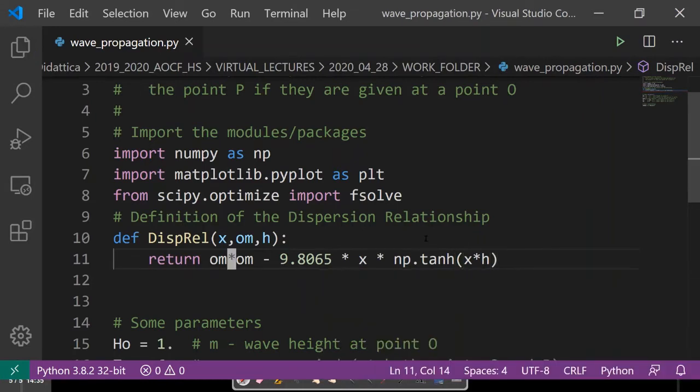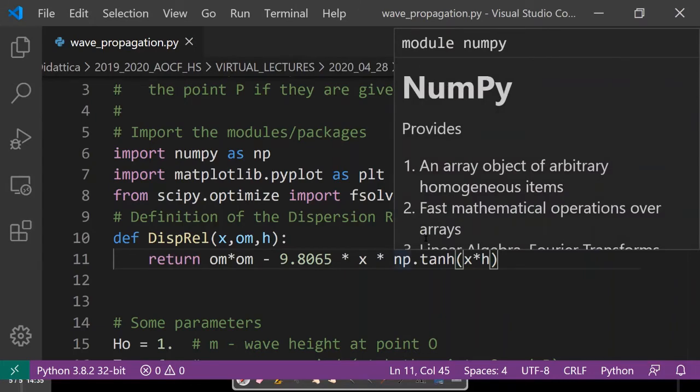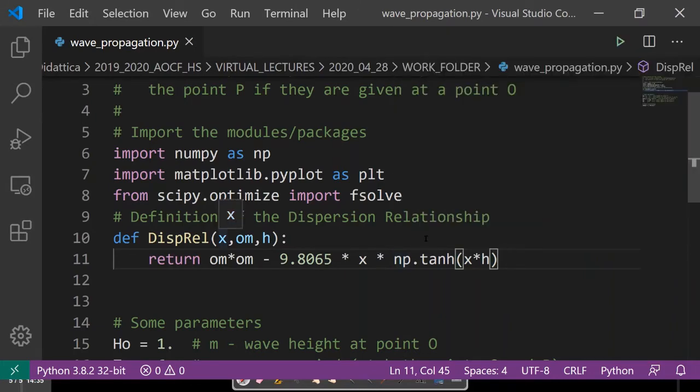So we can use this function by giving the value of x, the value of omega, and the value of h. Then all the terms here are known, and then this function can return this difference. If this difference is almost equal to 0, then the x value is the solution.